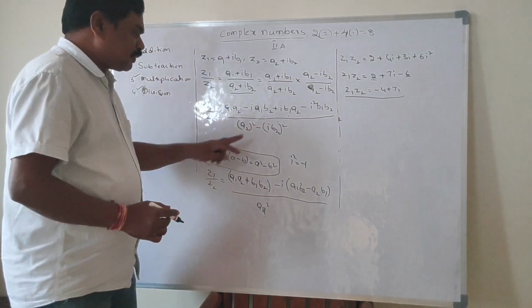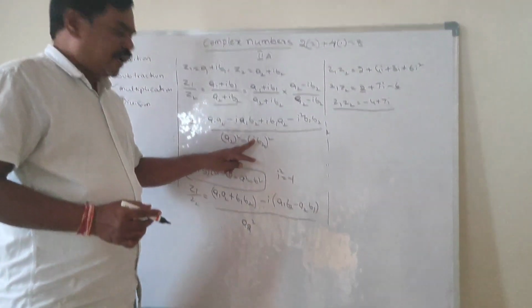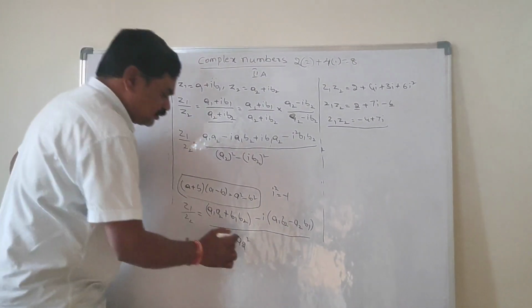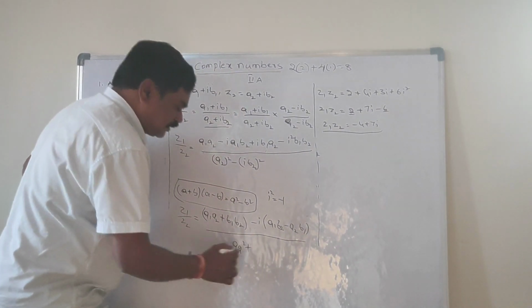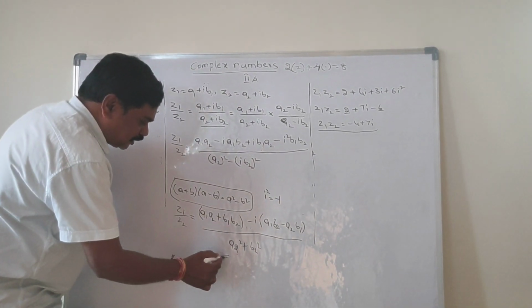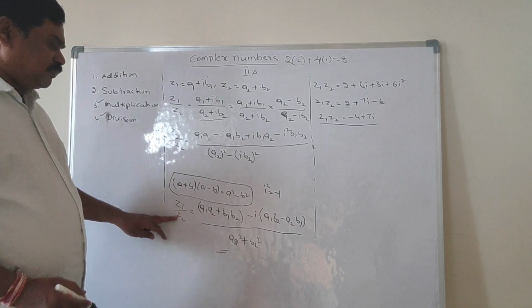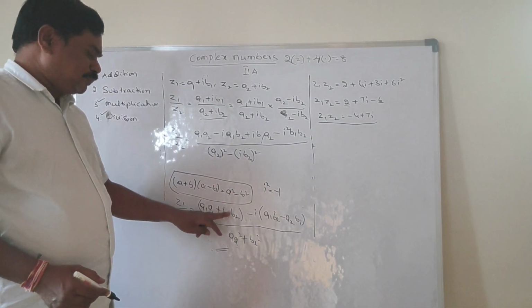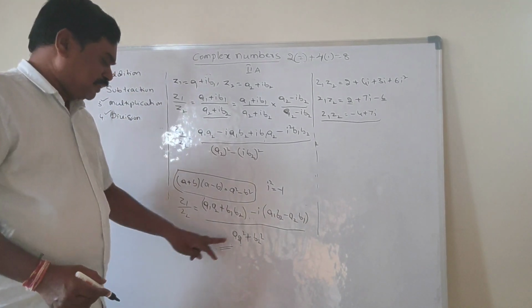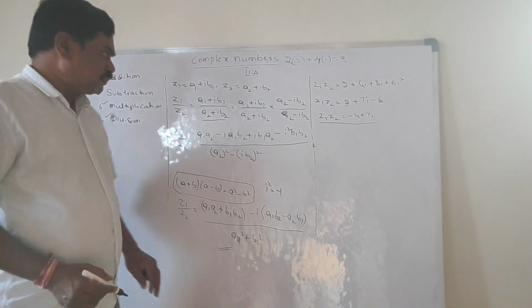Here you observe i square is there, i square is minus 1, minus into minus is plus, so we use plus b2 square. This is the division of two complex numbers: (a1 a2 plus b1 b2) minus i into (a1 b2 minus a2 b1) by (a2 square plus b2 square).